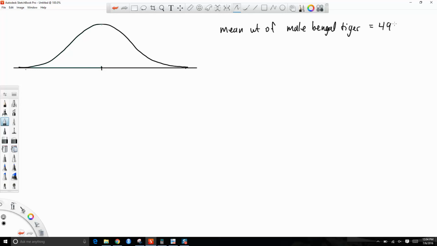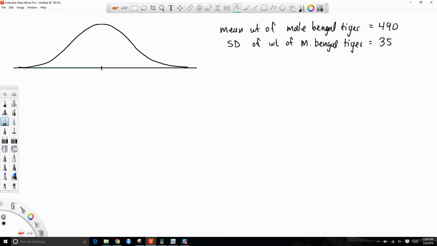And then I'm just going to make up a number for the standard deviation of the weight of a male Bengal tiger. We'll say 35 pounds. Don't quote me on this, I'm just making this up here.